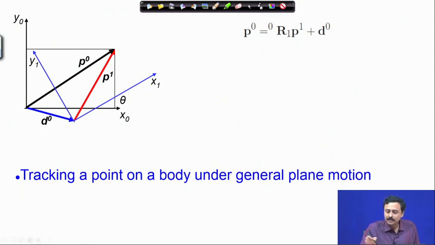Now, the relation is like this: P0 is R 1 to 0 times P1 plus D0.